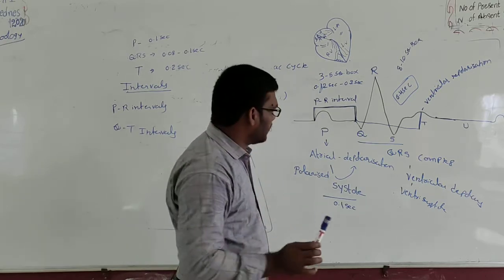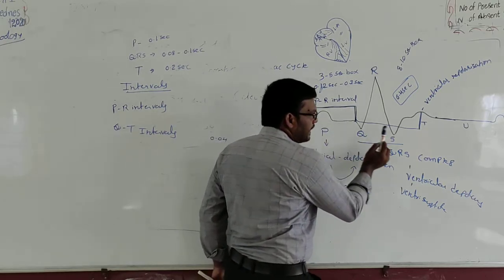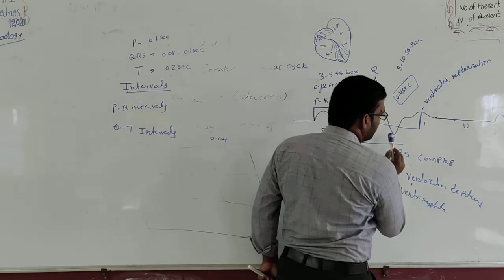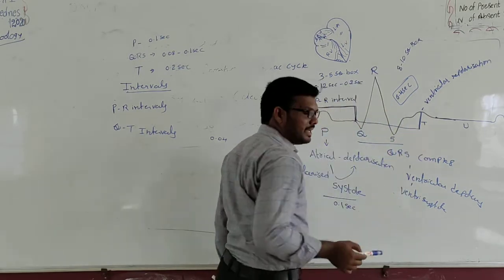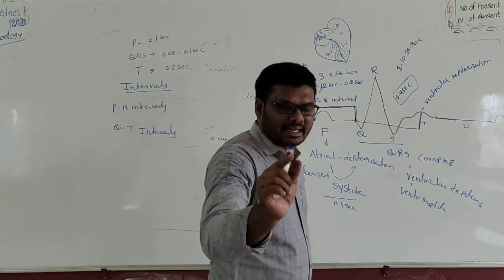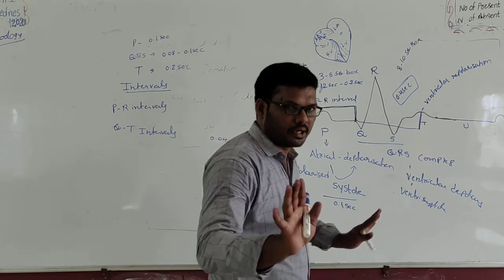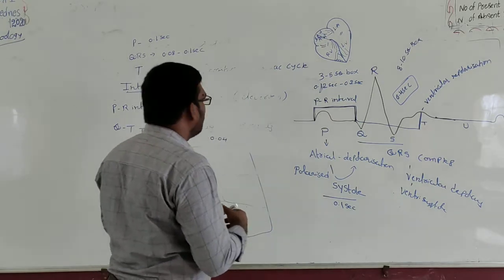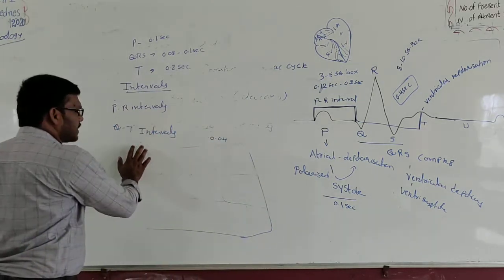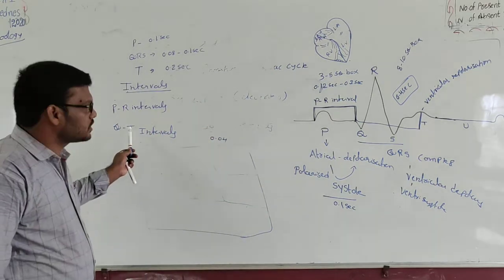Now in the diagram, if a plain formation like this is there, at that time there is no electrical impulse formation. Now here, PR interval and QT interval. PR interval indicates what?